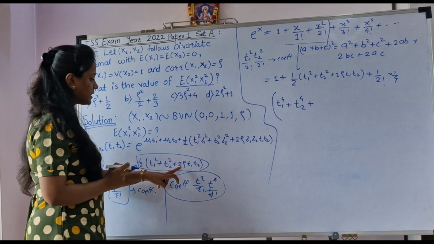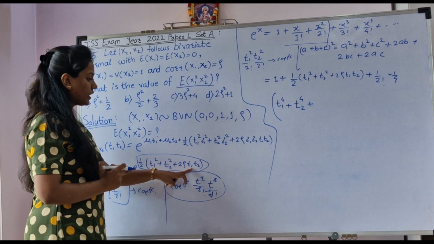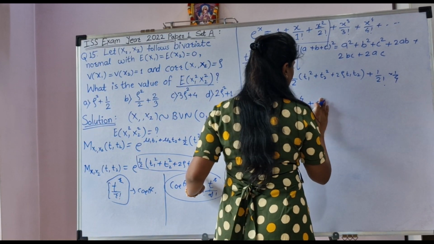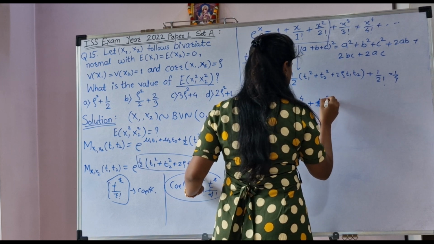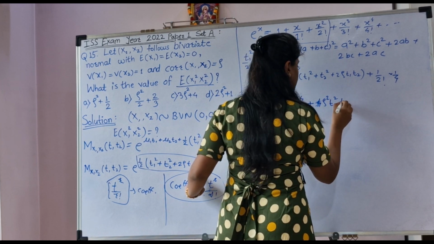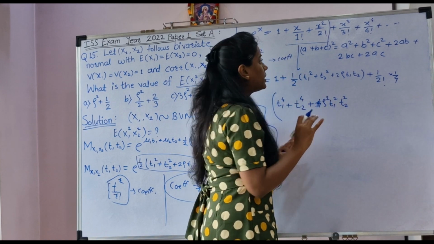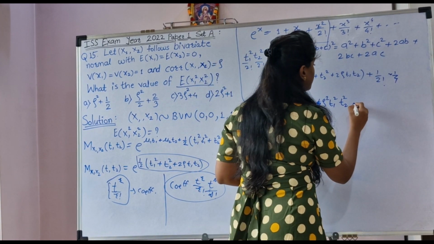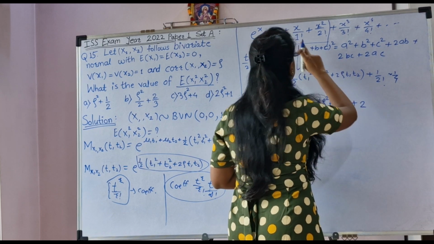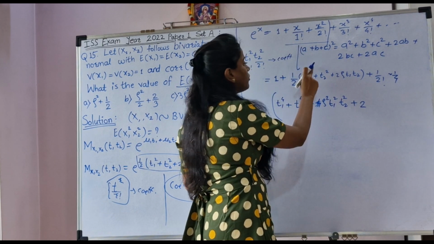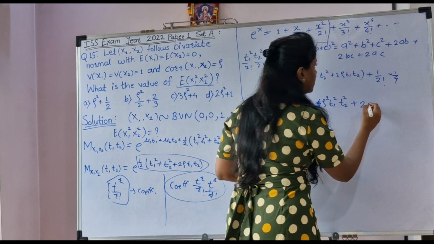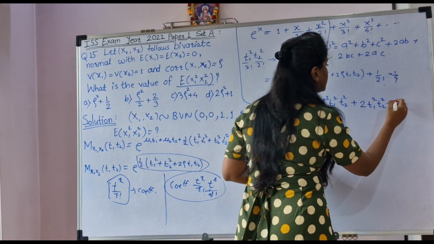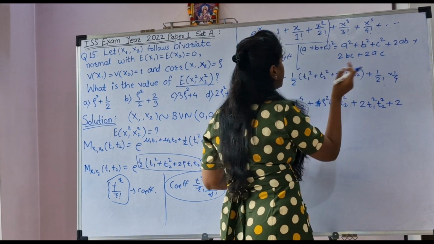Our c term is 2 rho t1 t2, so its square will be 4 rho square t1 square t2 square, right? Now we have to take the product terms as well. Plus 2 times a into b, t1 square into t2 square, plus 2 times b into c.